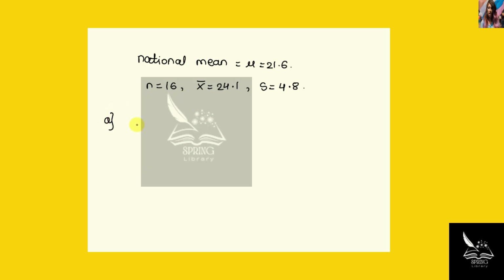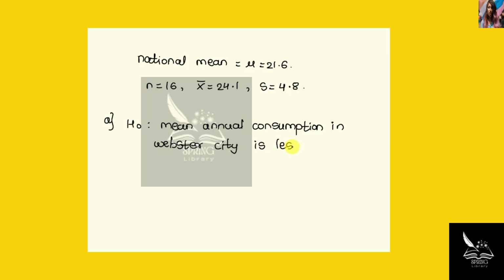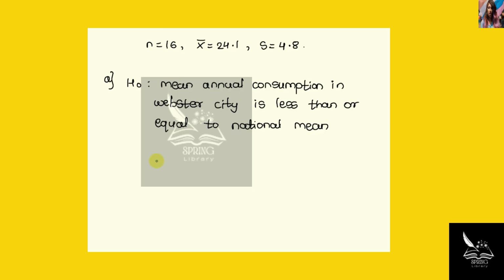That means the null hypothesis H0 is the mean annual consumption in Webster city is less than or equal to the national mean.